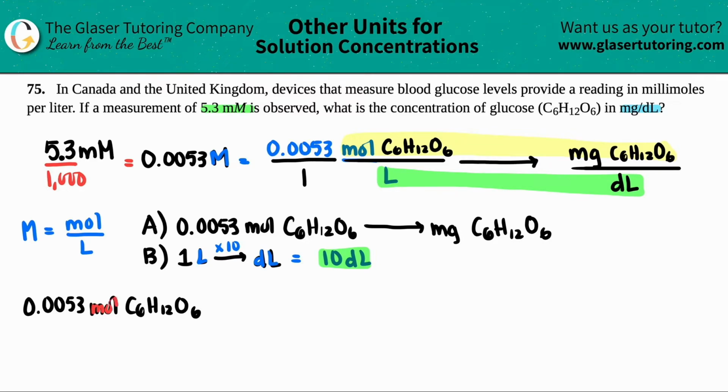In order to go from a mole unit to a milligram, I gotta go to the gram first. That's the periodic table conversion. So, multiply by a ratio, put the unit that you don't want on the opposite side, and I'm gonna go to grams first because that's the conversion on the periodic table.